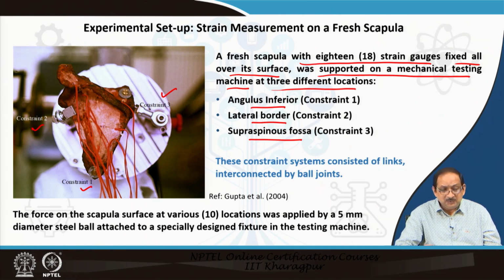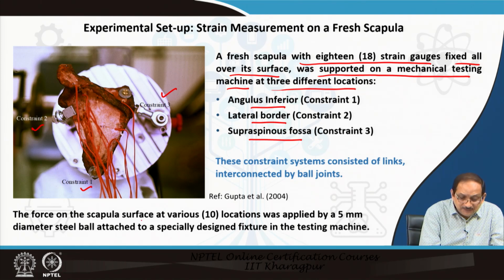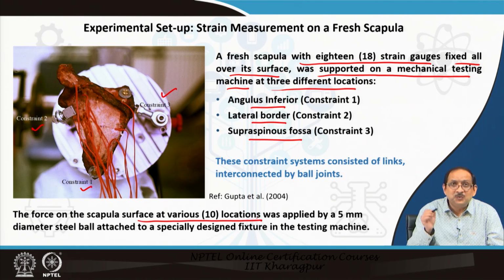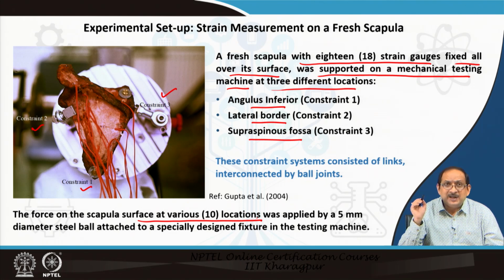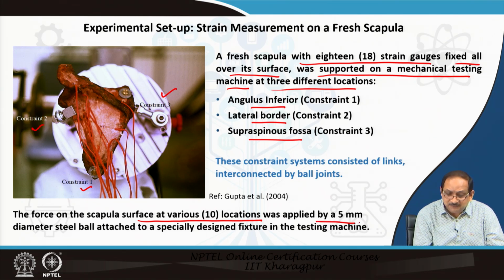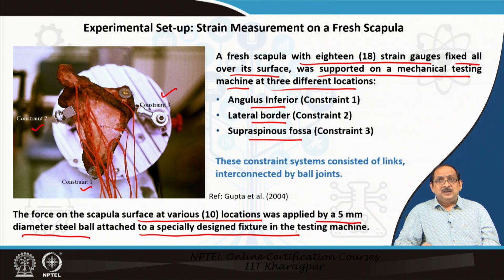We applied the forces at 10 different locations on the scapular surface, and the force was applied by a 5 millimeter diameter steel ball attached to a specially designed fixture in the mechanical testing machine.